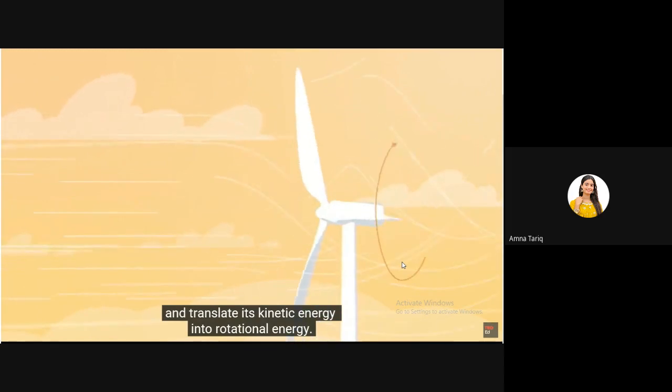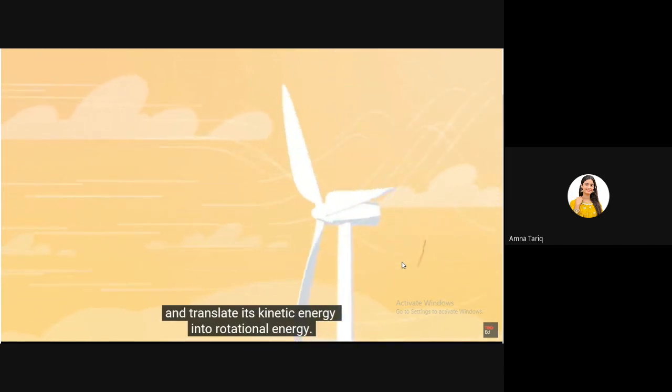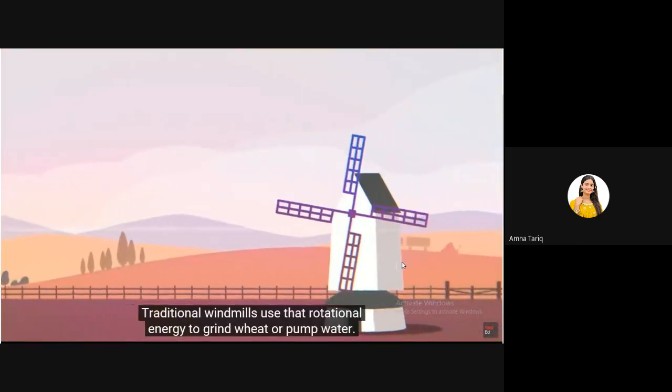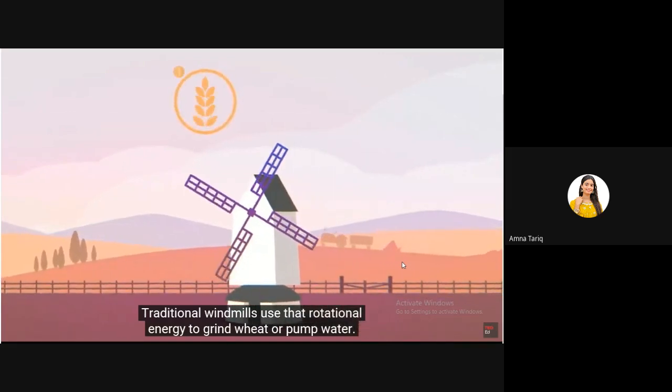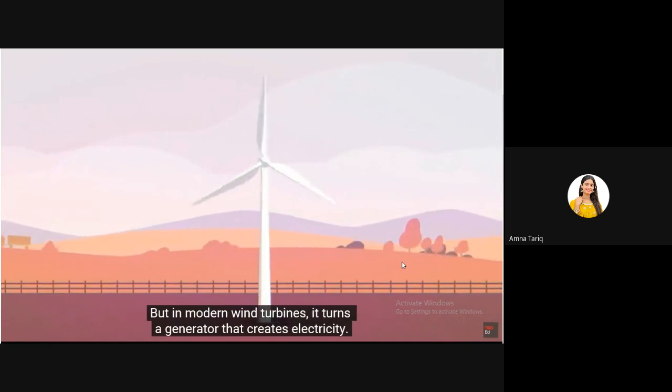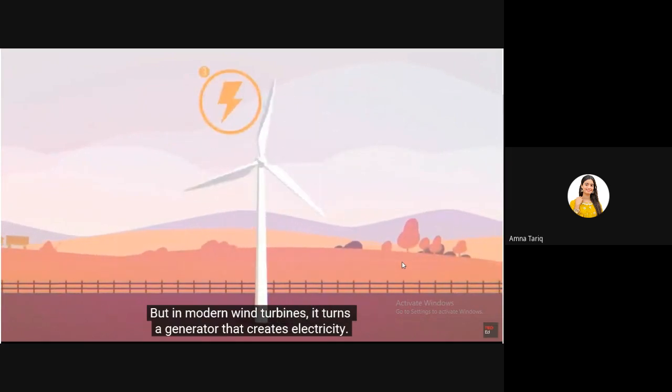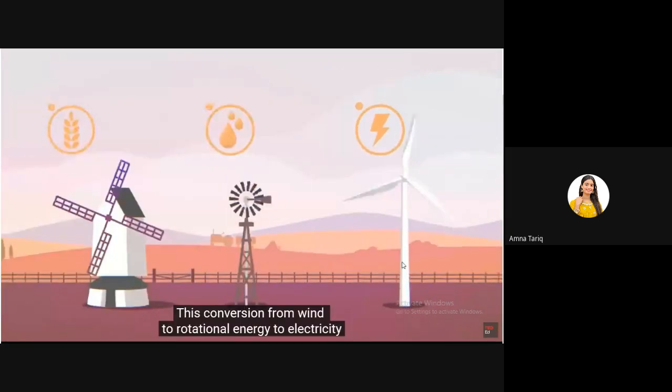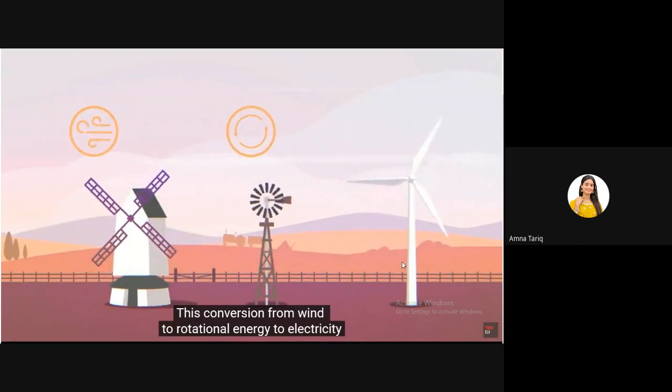When wind strikes the blades of the wind turbine, kinetic energy is converted into rotational energy, and in the wind power station, the generator generates electricity.